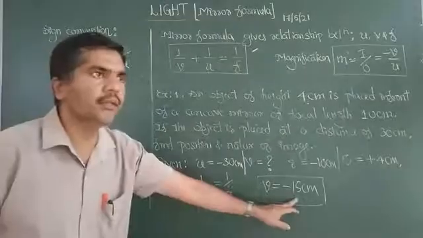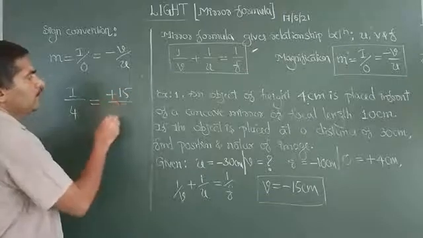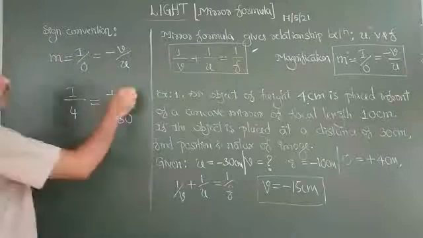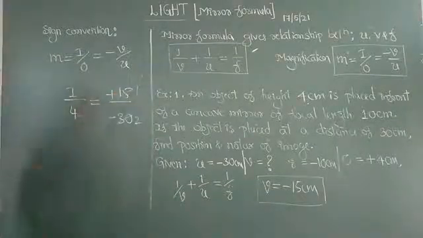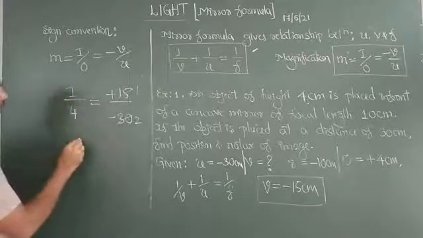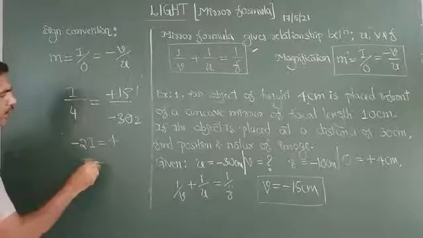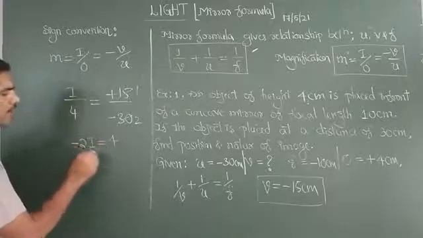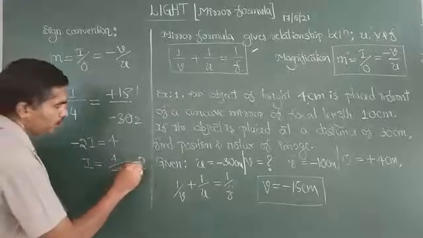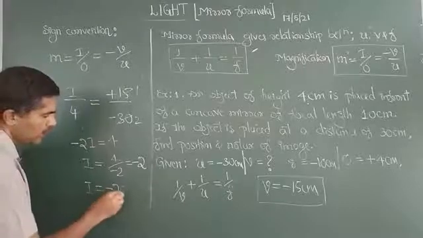Already v is minus, so minus of minus becomes plus, divided by u, which is minus 30, the distance of object. Simplification, that's all. 15 over 30, minus 1/2 I have here. Cross multiply. Minus 2I equal to 4. I equal to 4 by minus 2, becomes minus 2. I have got I equal to minus 2 centimeters.